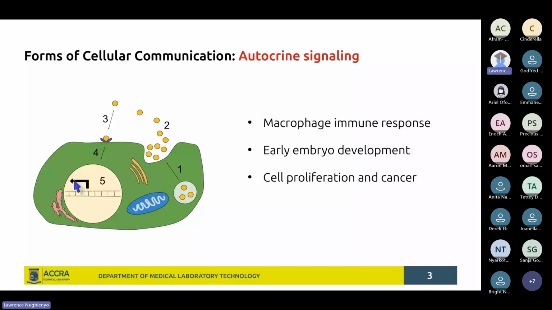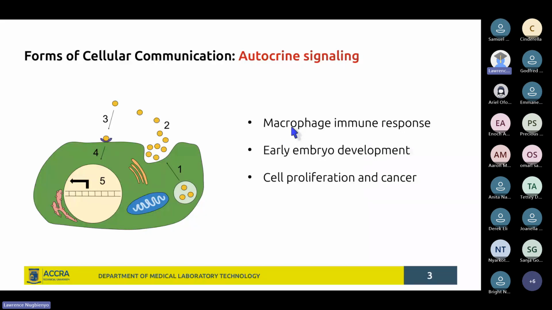You find this with macrophages in processes of immune responses. We'll take a look at an example. As we continue, you'll see some specific example about this.